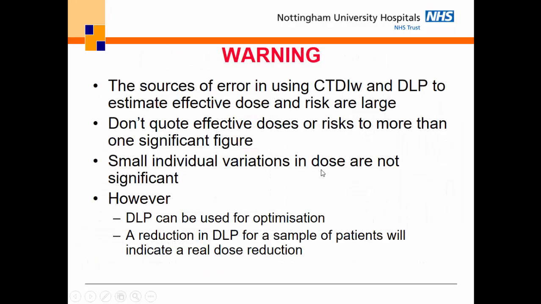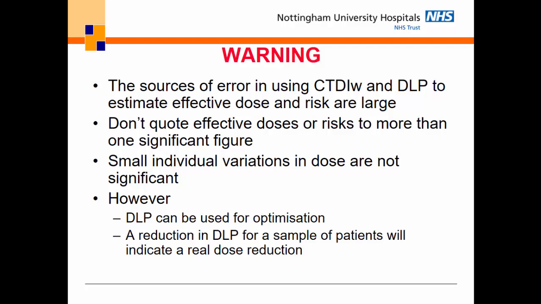Right. Okay. So I'm going to give you some warnings now about the use of these factors. So essentially, the sources of error in measuring these parameters are quite high. And if you start to quote effective doses or risks to more than one significant figure, you're asking for trouble. Okay. The science doesn't support that. Okay. So small individual variations in dose are not significant.